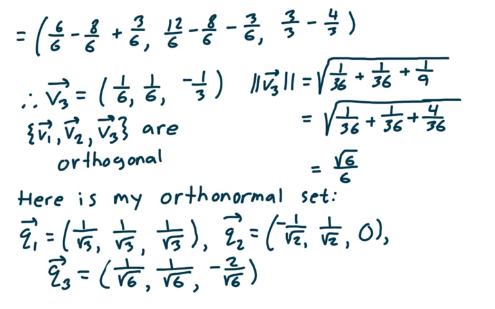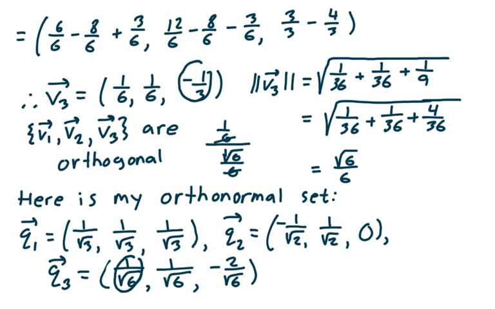Is that okay? Because how did I get my first component? I took 1/6 and I divided by the square root of 6 over 6. The 6's cancel, and I get 1 over the square root of 6. And then basically I did the same thing. I took negative 1/3, I divided by square root of 6 over 6, and ended up with negative 2 over square root of 6. And so that's my Q3.